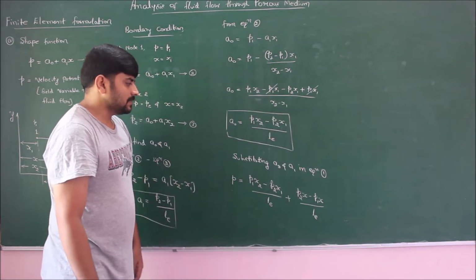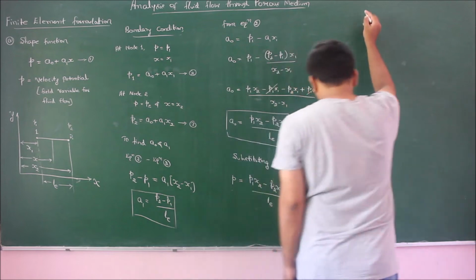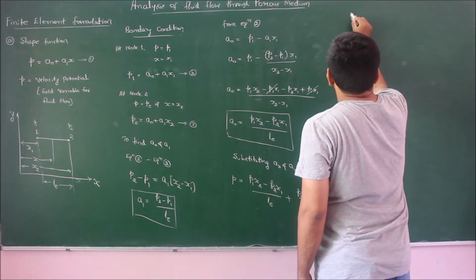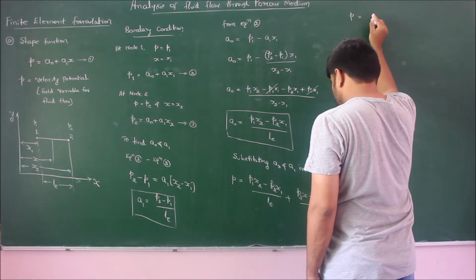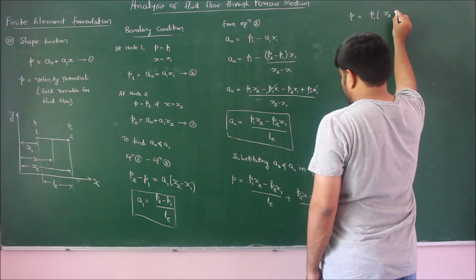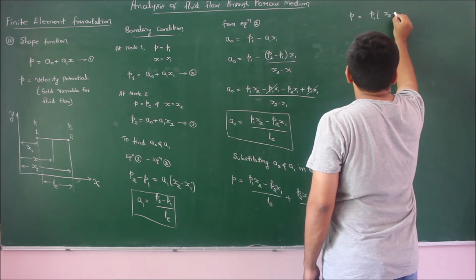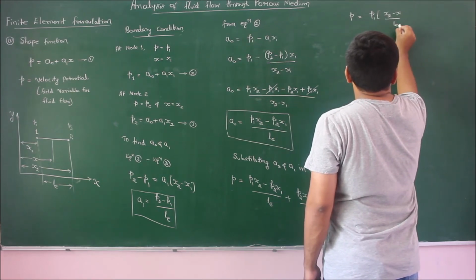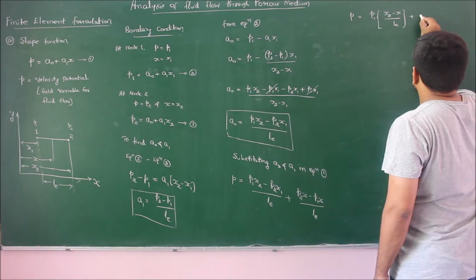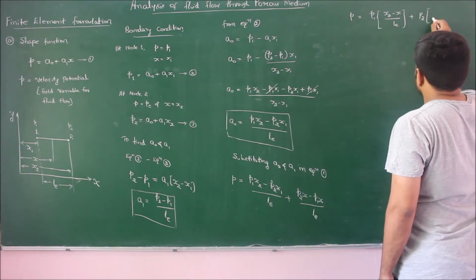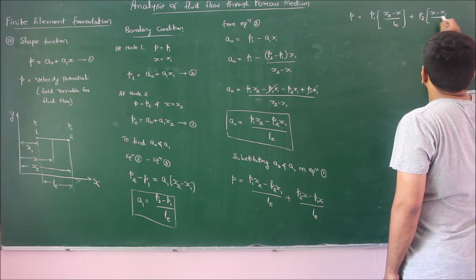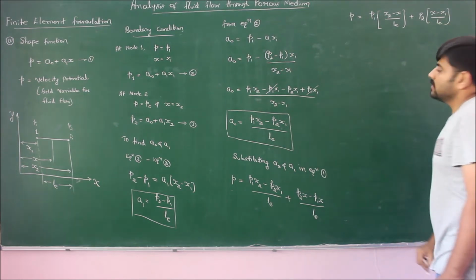Now further simplifying, I'll get the velocity potential at any point in the element is equal to P1 of x2 minus x by length of the element plus P2 of x minus x1 by length of the element.